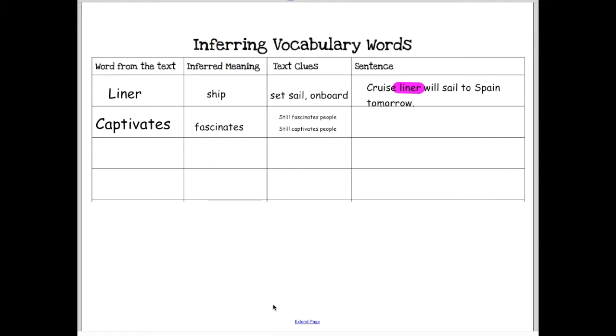Now I have to use captivates in a sentence to prove that I really know the meaning of captivates. So I can think about here, maybe Mrs. Acord captivates her math students with story problems.